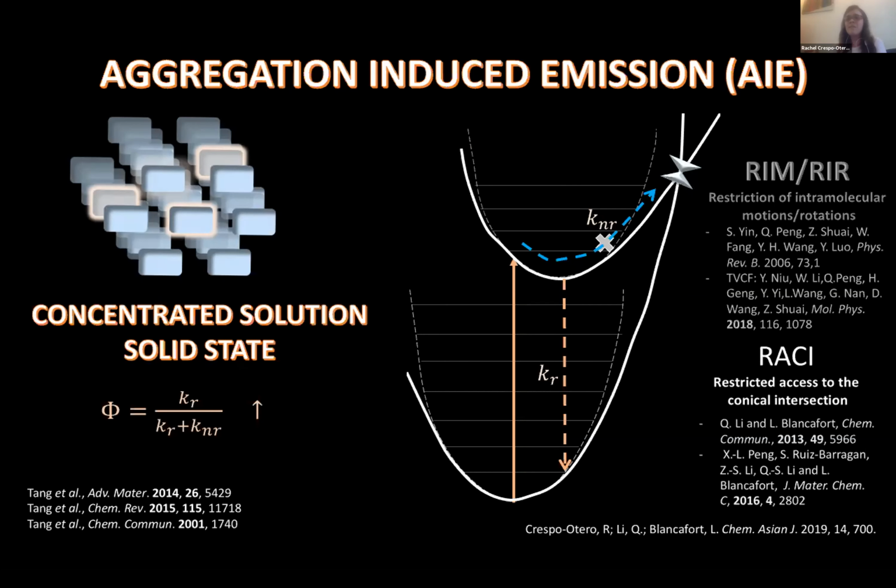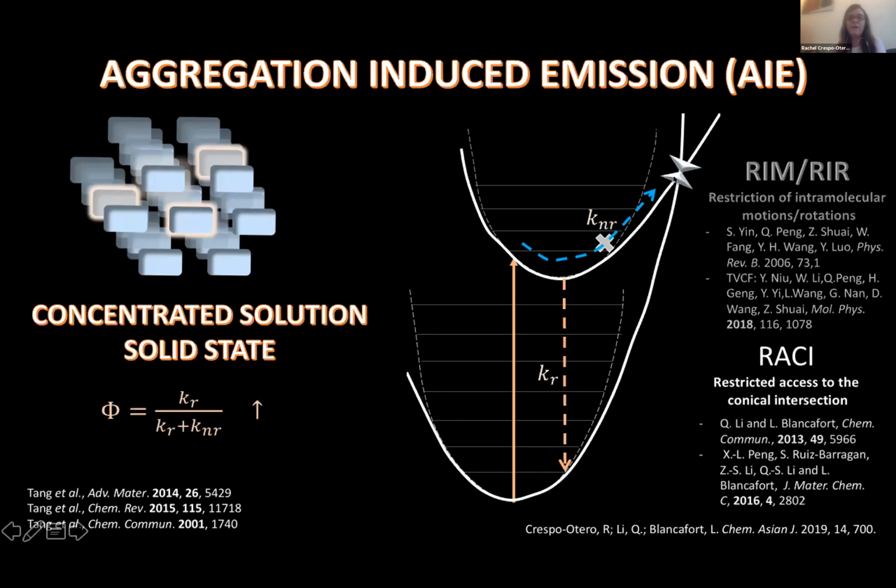The other is the model called restricted access to the conical intersection, where we are working with systems that can explore regions of the potential energy surfaces with very small energy gaps between the ground and the excited state. In this case, the system, when it's in solution, can decay to the ground state because of the presence of these conical intersections, the regions of similar energies.